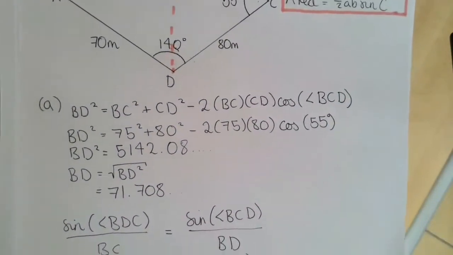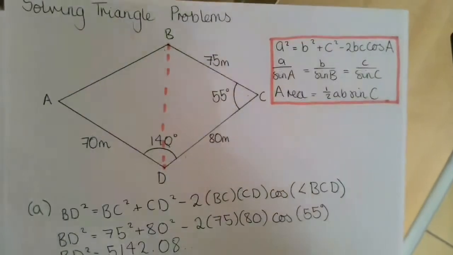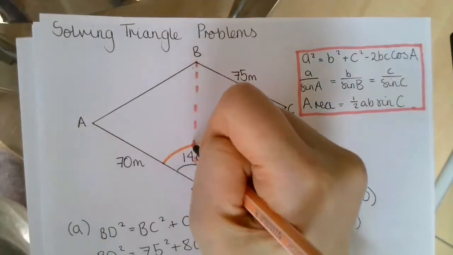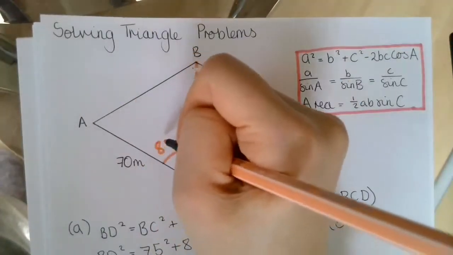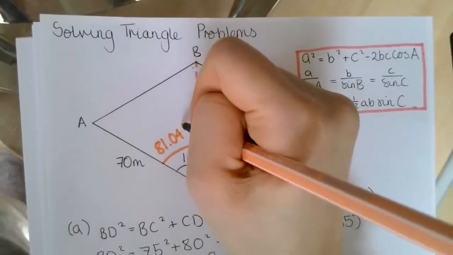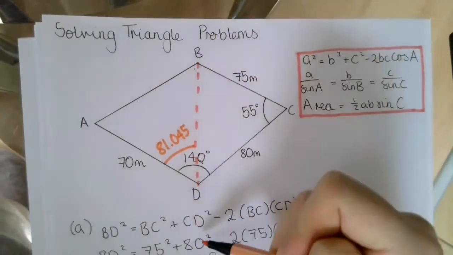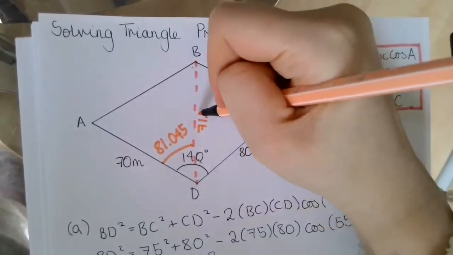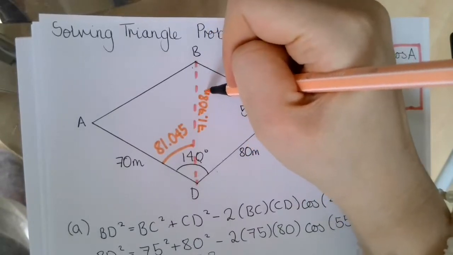So I'm just going to write down what we've just figured out. So we found that this angle here is around 81.045, and we found out that that length there was 71.708 metres.